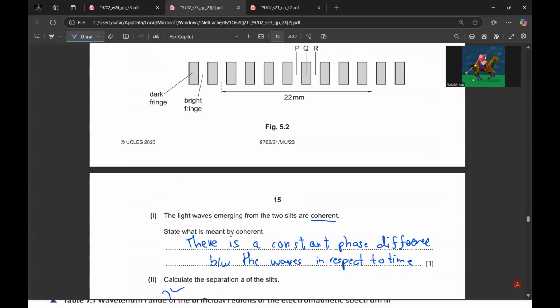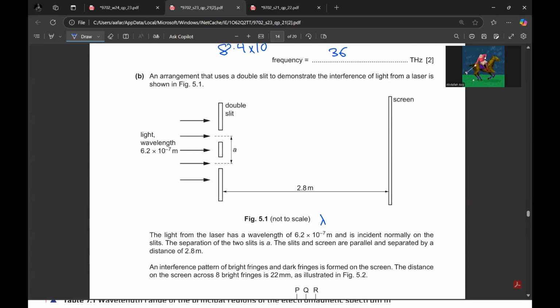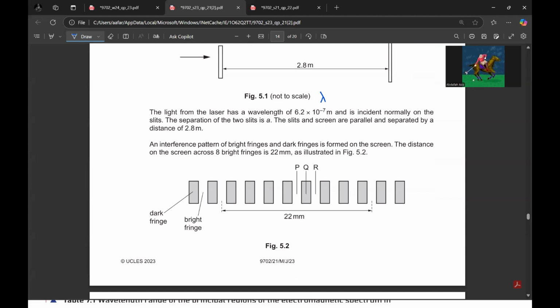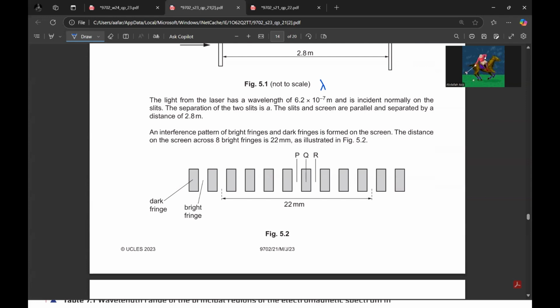What x is basically the fringe separation, so this is x between two bright fringes. And they've told us that the distance across 8 bright fringes is 22 millimeters. So what's the difference between two bright fringes? It's basically 22 divided by 8, which is 2.75 millimeters, but we need to convert this into meters.